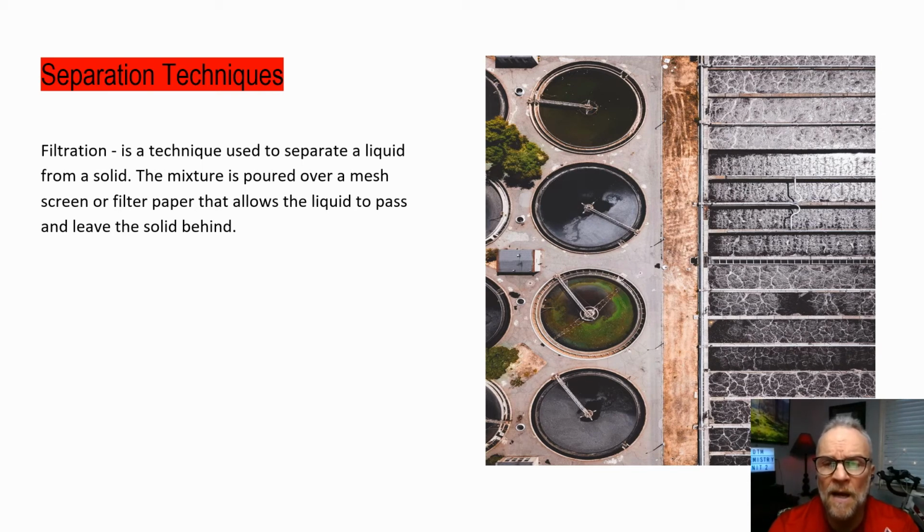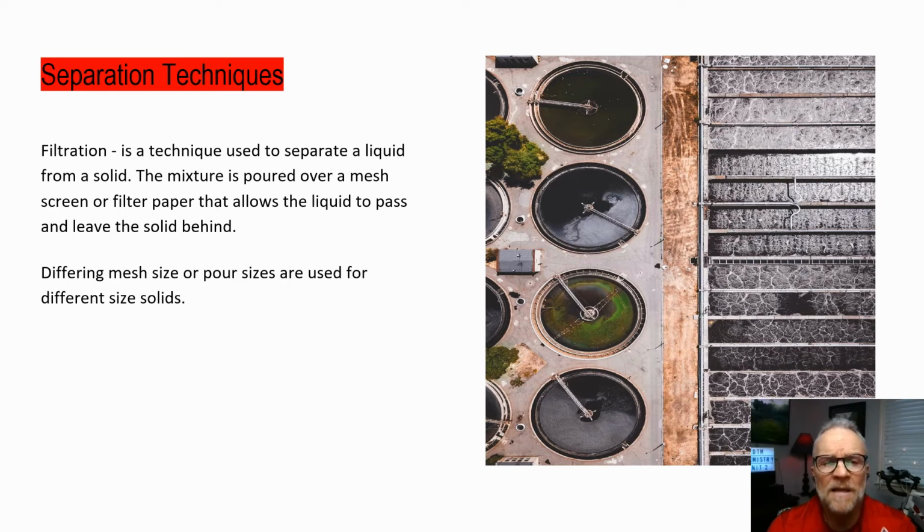And this is a picture here of a water sewer plant that is filtering water and causing it to become cleaner. One of the most natural filtration systems is swampy areas where you have water that's run through a system of plants and algae and different things that filter water.